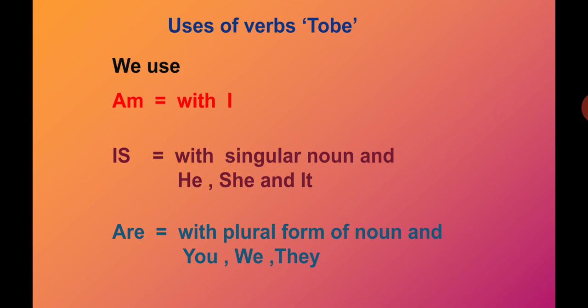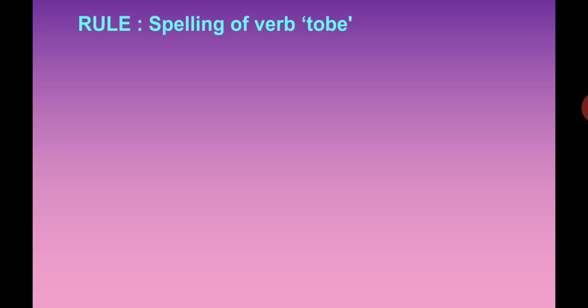Now let's move on. The next topic is how to form the spelling of verbs formed with the to be form. Means how do we add ing in different situations with different verbs, right?